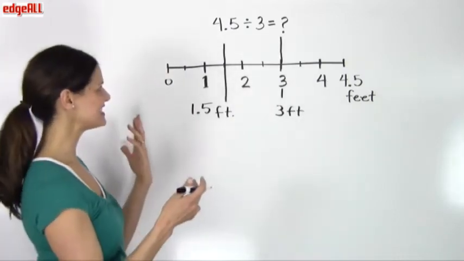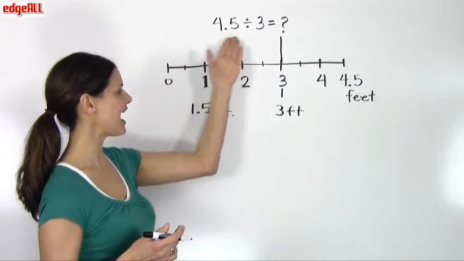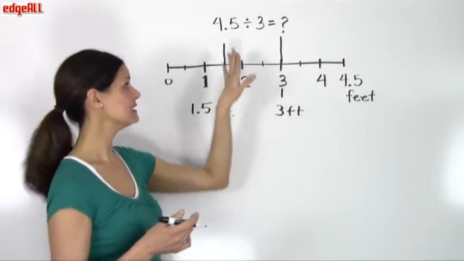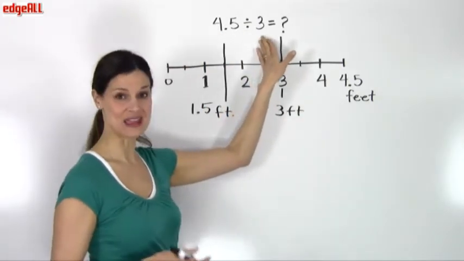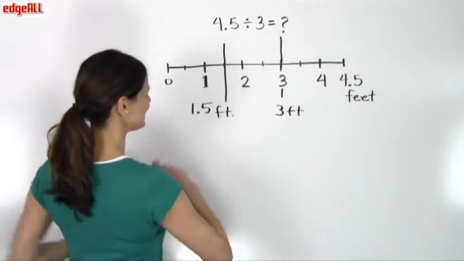And so I could say that the answer to my problem here of 4.5 divided into 3 equally sized sections equals 1.5.